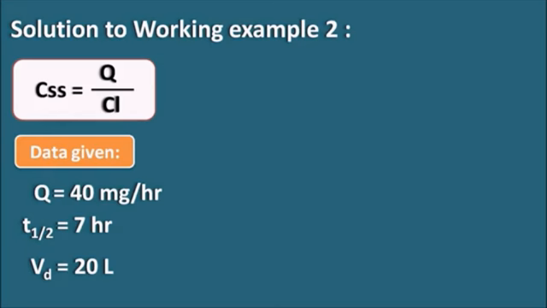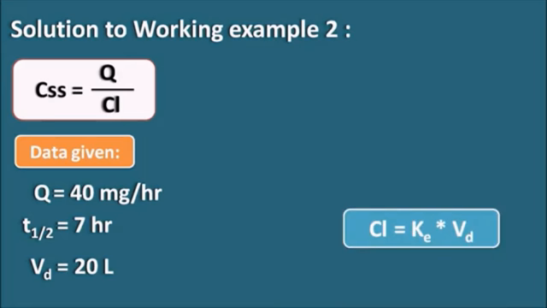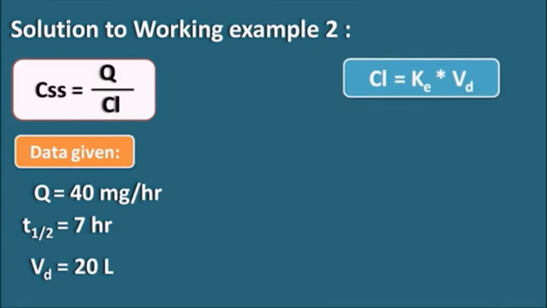So how can we calculate the Ke? Ke means elimination rate constant, and that can be calculated from the half-life. We know that Ke equals 0.693 upon T half. As T half is given, it will become 0.693 upon 7, which is 0.099 hour inverse.